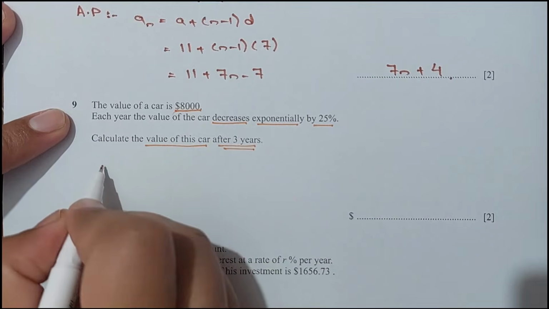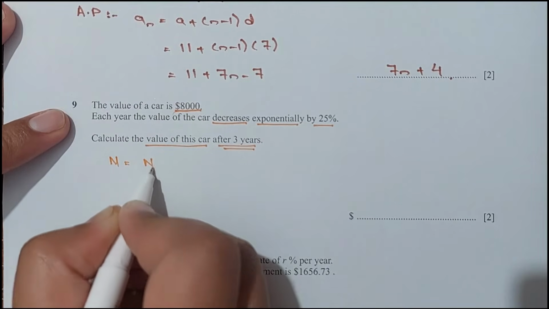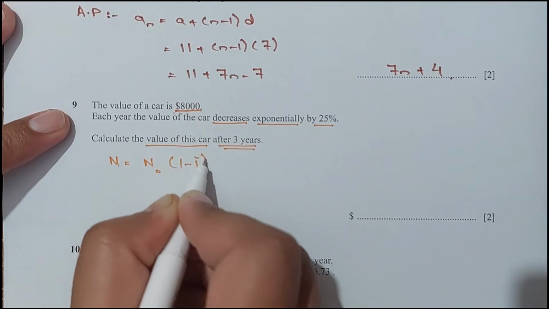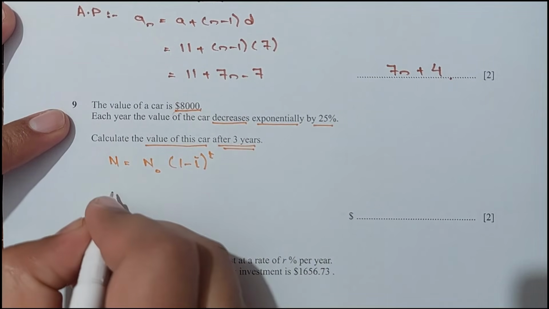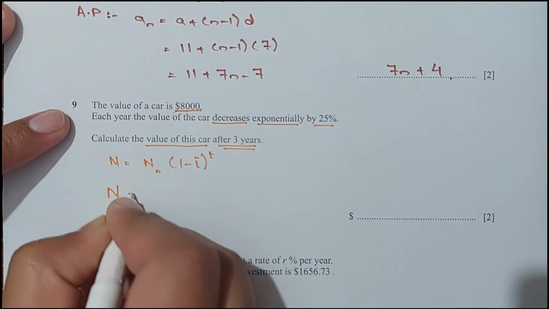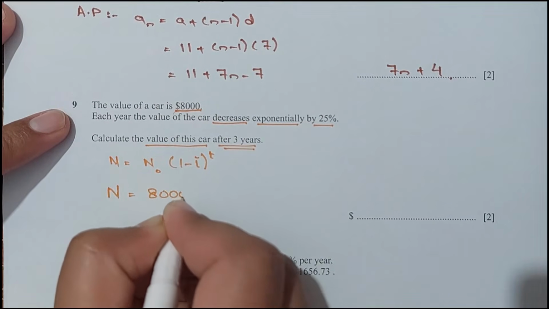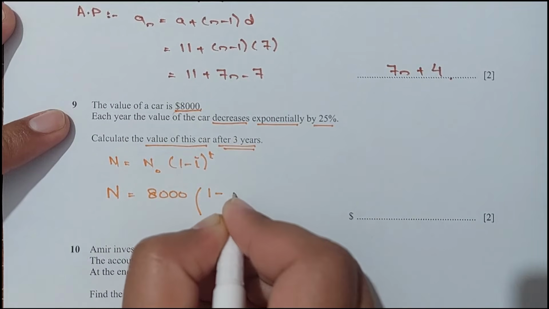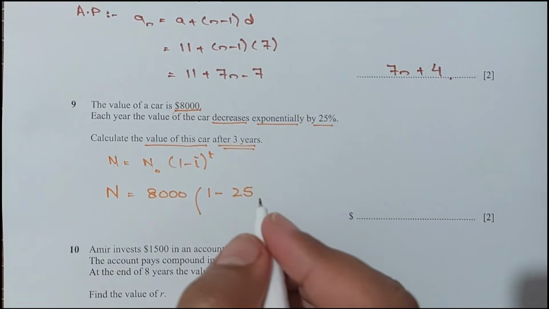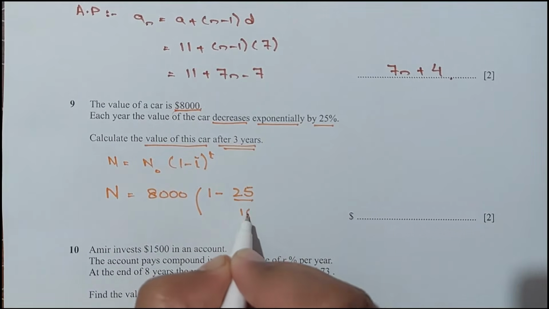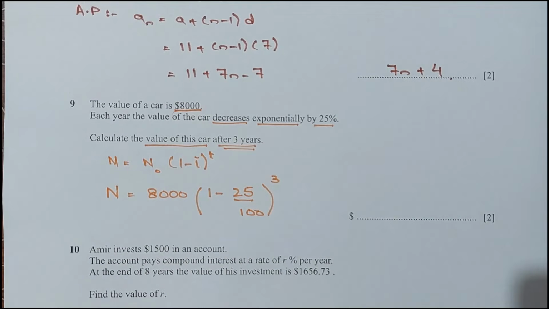Exponential decay has the formula N equals N naught times 1 minus r to the power t. The value of the car is what we have to find, let's say N. N naught is the initial value, which is $8,000. 1 minus the decay rate, the exponential decrease rate is 25 percent, divided by 100, and the time is 3 years.